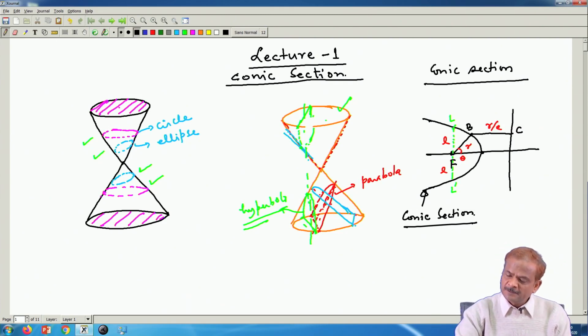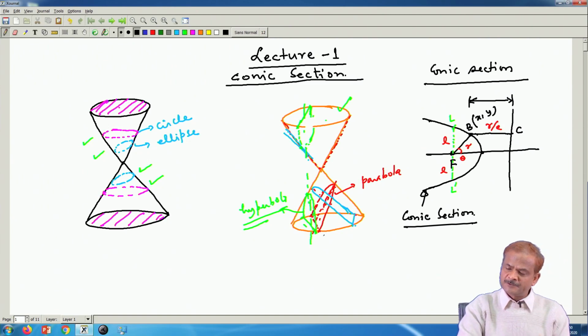In the conic section, if we take any point on this curve, let us say this B, its coordinate is x, y. The distance from B to C and B to F bear a constant ratio.